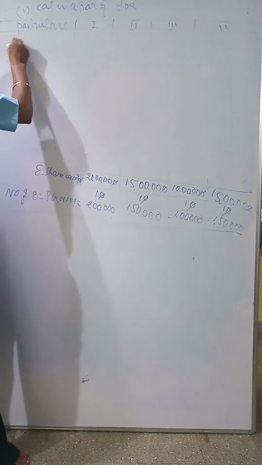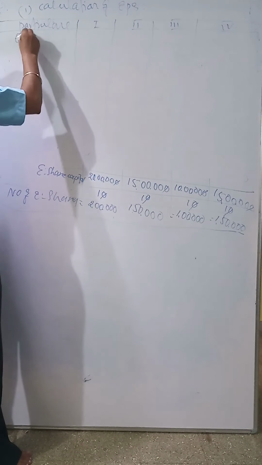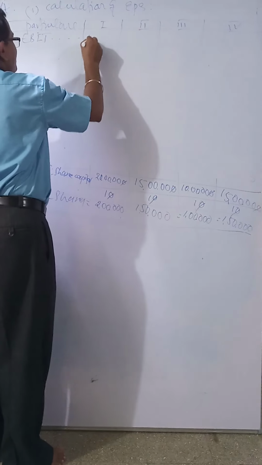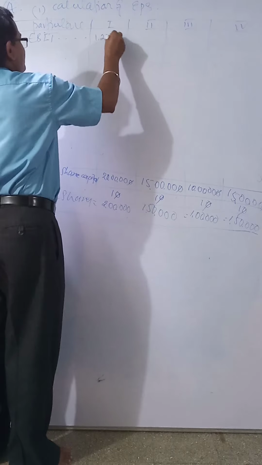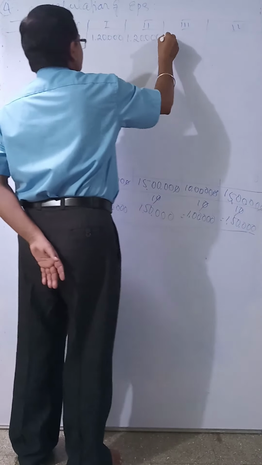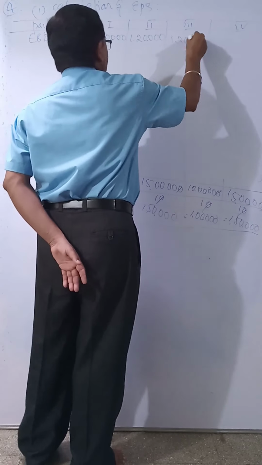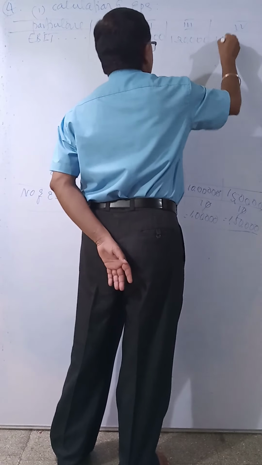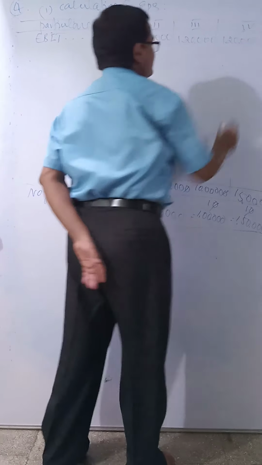So first you have to take EBIT, earning before interest and tax. 1,20,000 EBIT is given. All 1,20,000. EBIT is common for all financial plans.